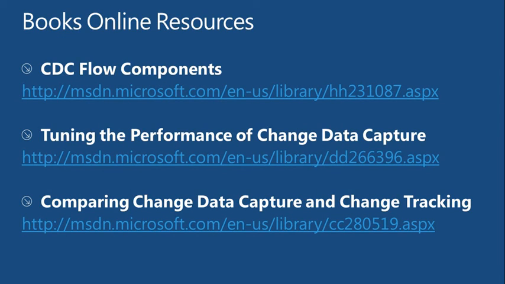So quickly, Books Online resources: there's an overview of all the CDC components. The second one is that white paper about tuning change data capture performance. They talk about the different factors, the actual impact of enabling CDC on your system. And the last one is about comparing change data capture and change tracking. So again, change data capture has lots of functionality. It's an asynchronous processing thing with lots of configuration options.